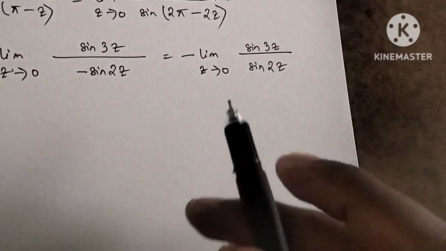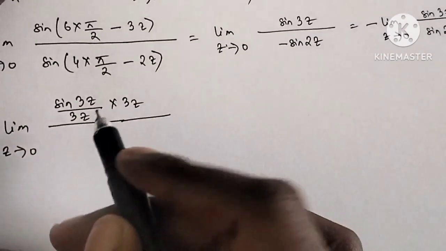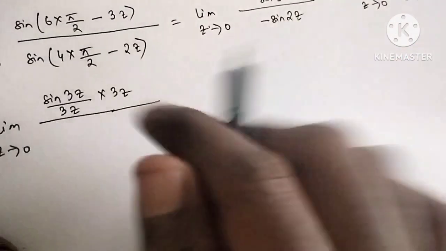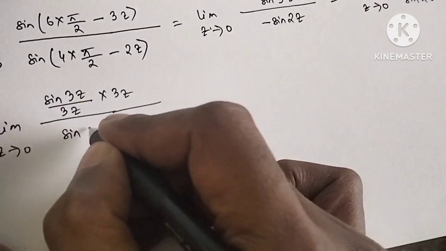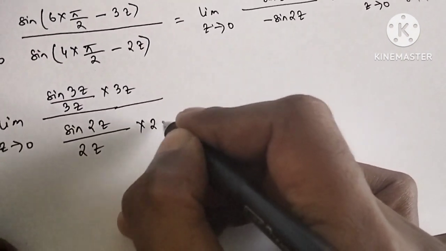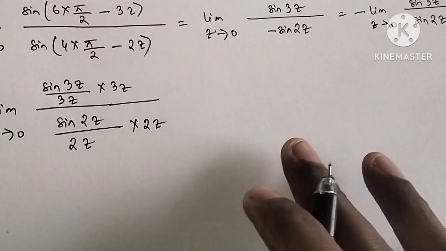Then sin 2z, I will do the same, sin 2z by 2z into 2z. Clear?